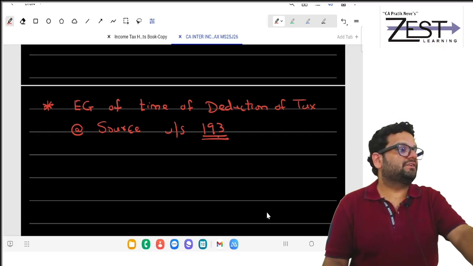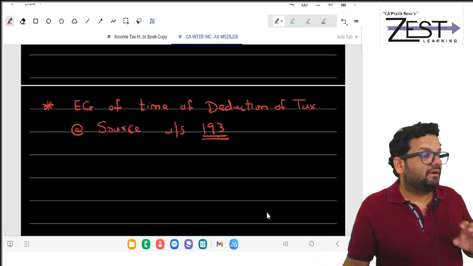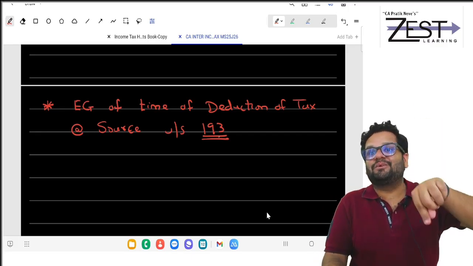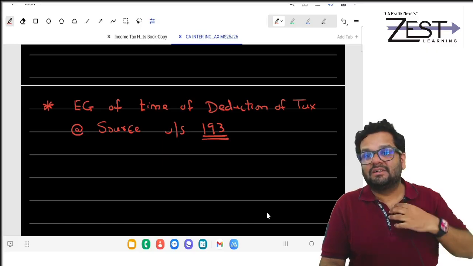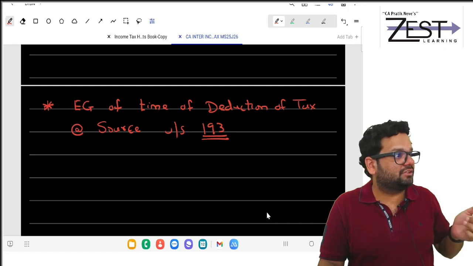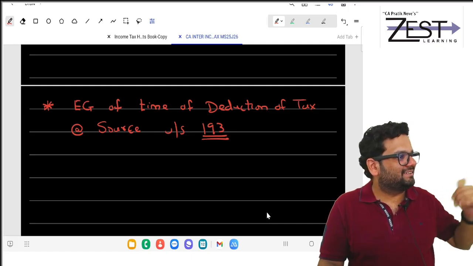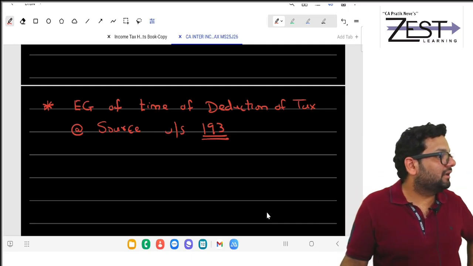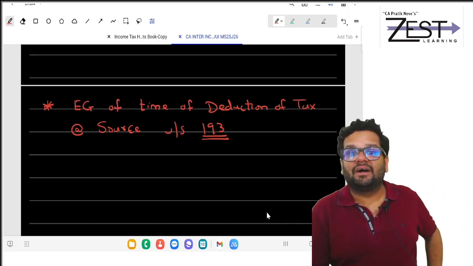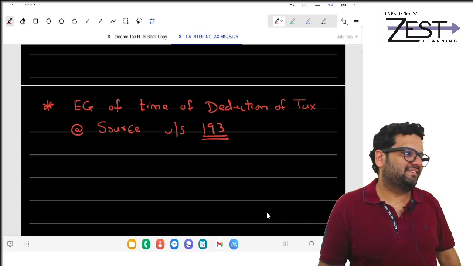Why am I so interested in 193? Because whenever such a clause is used, at the time of credit or at the time of making payment, whichever is earlier, you have to visualize this.